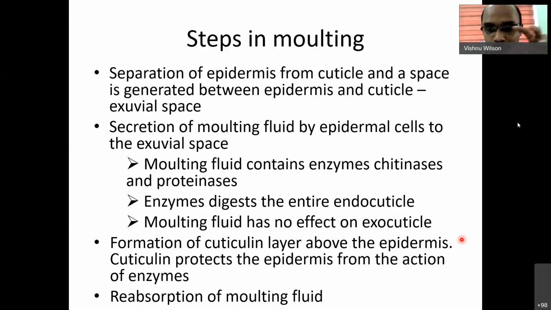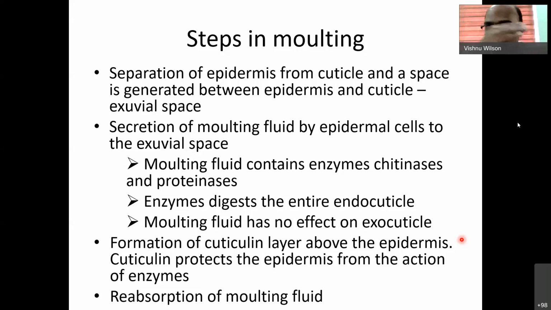Lipid protein bilayer, you might have studied the fluid mosaic model and all. So if there is a proteinase present in the fluid, that proteinase can harm the epidermal wall itself. So these chitinases and proteinases will not be active at the time of secretion, so that it won't harm the epidermis.